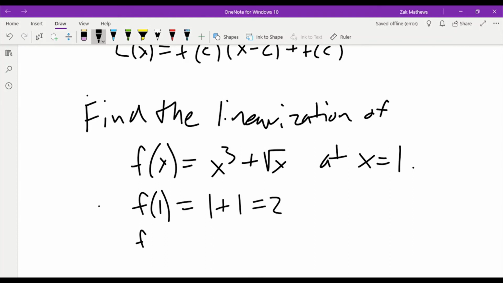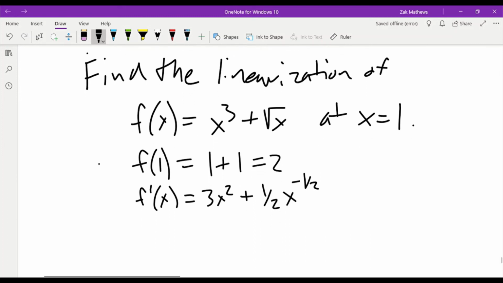Then if we need a derivative, let's find that derivative first. So we'd have 3x squared plus 1/2 x to the negative 1/2, because we subtract the 1. And then I need to find the actual value at 1 of this derivative. And so we get 3 plus 1/2, 1 to the negative 1/2 is still 1.